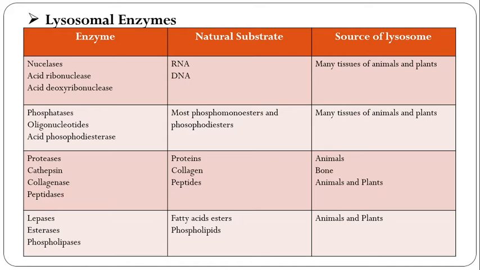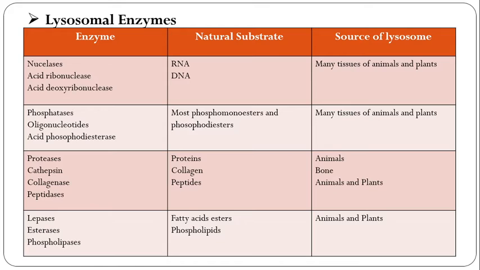The next enzyme is protease. The natural substrate is protein, and the source of the lysosomes is animals. Then cathepsin, whose natural substrate is collagen, and the source of lysosomes is bone. Then collagenase or peptidase, whose natural substrate is peptides, and the source of lysosomes is animals and plants.